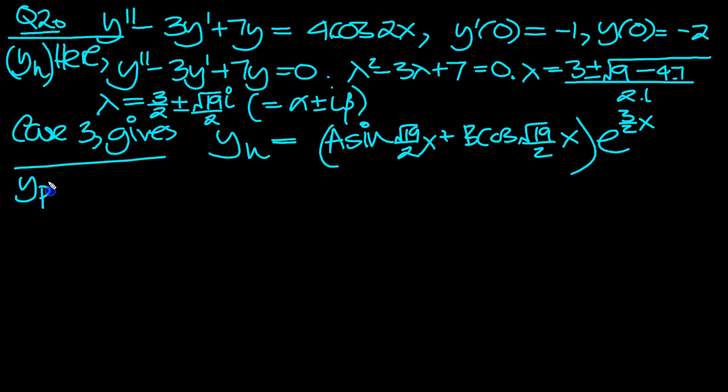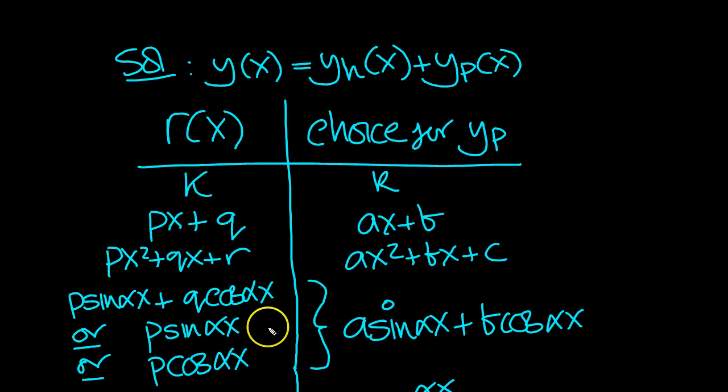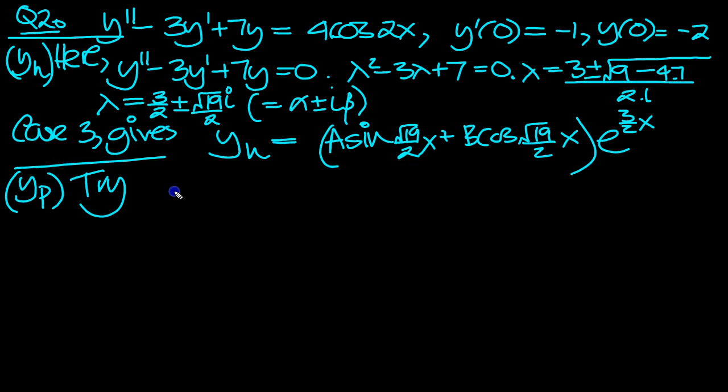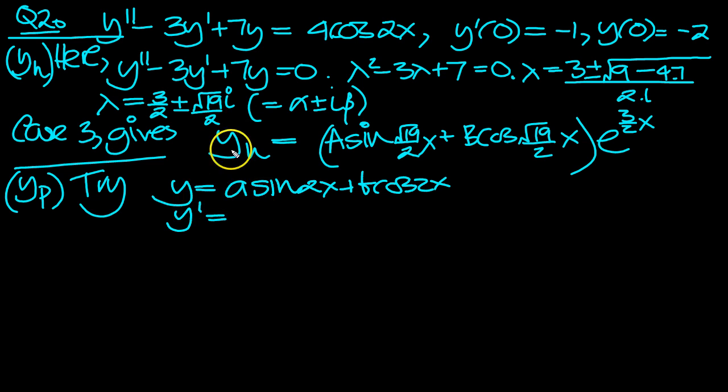Now we need to turn our attention to getting the particular integral solution, yp. So we need to try something. We've got a cosine, so the table tells us to try in that case a sine plus b cos. So let's try y equals a sine of 2x plus b cos 2x. Differentiate to get y dashed, because we'll need y dashed and double dashed to substitute.